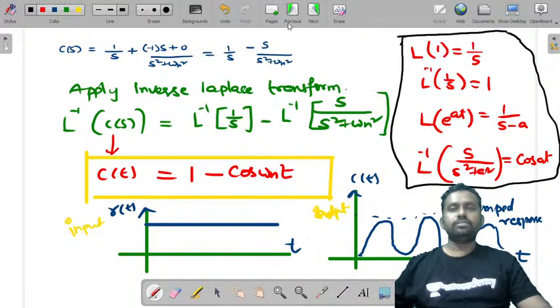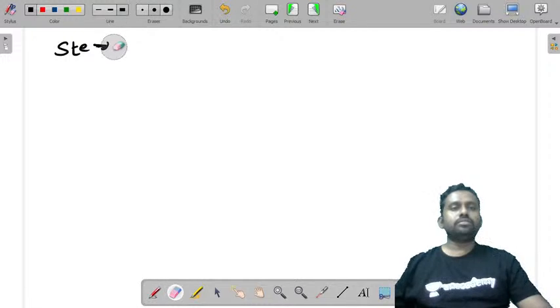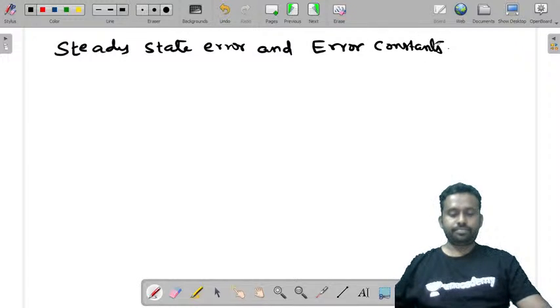So in this, next we will consider, so that was all about the response of a second order system, and now we'll consider steady state error, and we'll also discuss error constants. Steady state error and error constants.